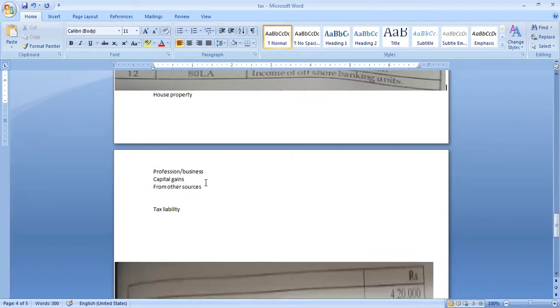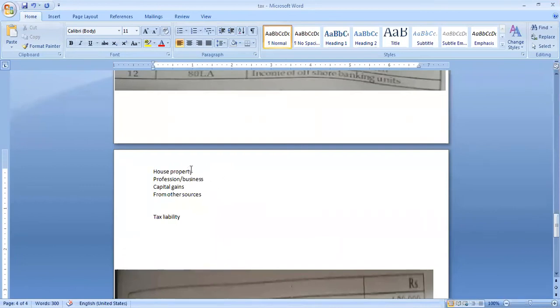Just like an ordinary individual assessee, for a company also you calculate income from house property. Similarly, income from profession or business, income from capital gains, and income from other sources. These 4 incomes you will add, then you will get gross total income.